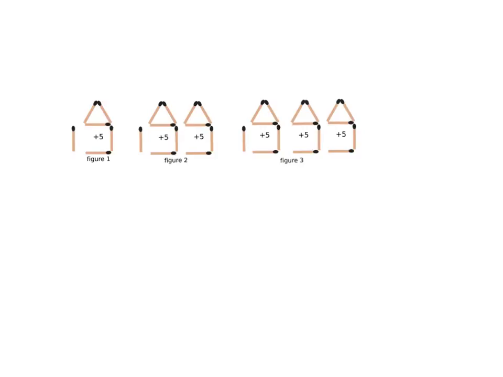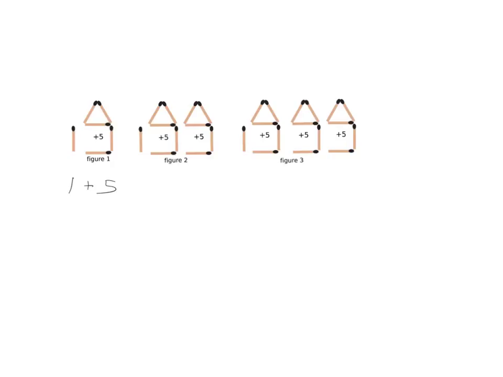So now if we just put down carefully the structure of what we were seeing, we can get to a formula which will help us to determine the number of matches in any figure. What we saw is that what we were adding on each time was this little picture of 5 matches. So in figure 1 we had this 1 match plus 5 matches.